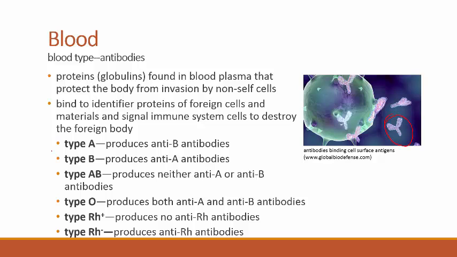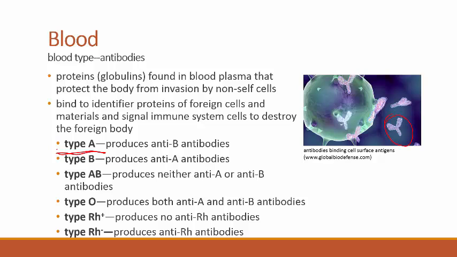A person who is type A has the A antigen, so they will produce globulins that help to remove anything other than the A antigen. If it's type B, there are B antigens on the red blood cell, and in the blood plasma we would find anti-A antibodies.